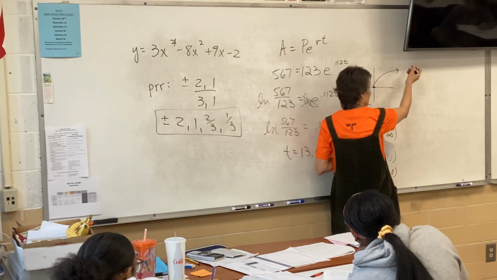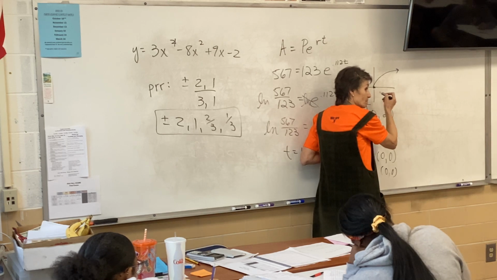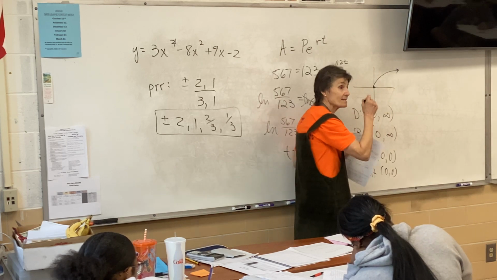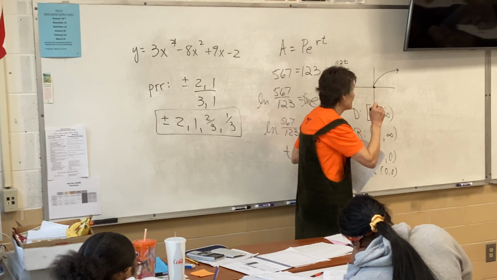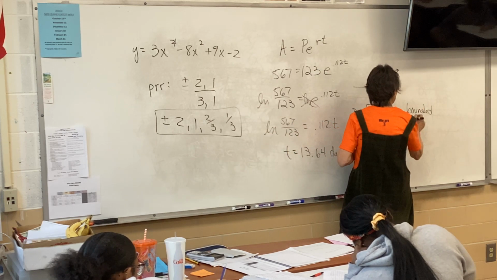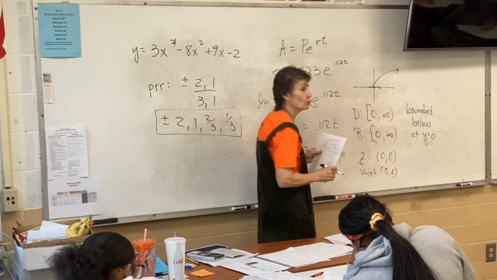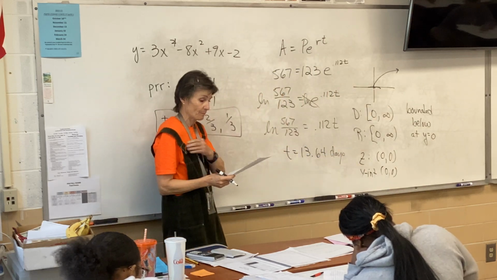Is this one bounded above? No. But it is bounded below. It has a floor. It's bounded below at y equals 0. This is the floor. It doesn't go lower than that point.